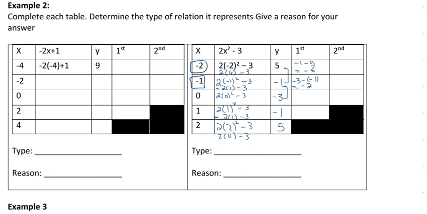Negative 1 take away negative 3, so that's negative 1 plus 3. That's 2. And then 5 take away negative 1, so that is going to be 6. Is your first difference constant? No. You see it's negative 6, negative 2, 2, and 6.